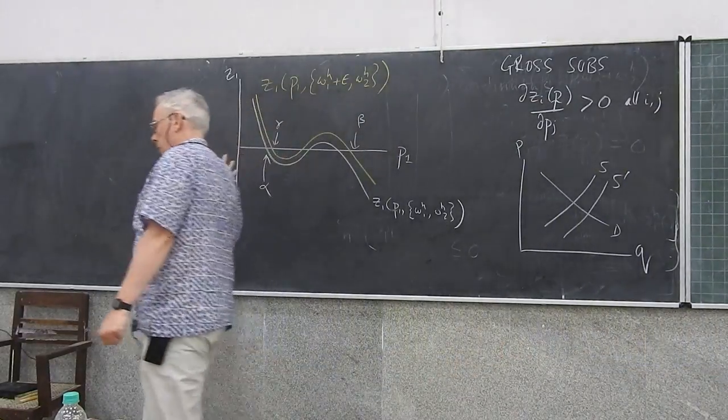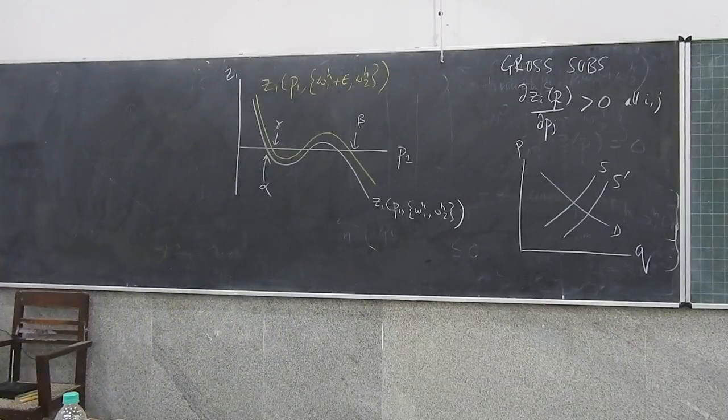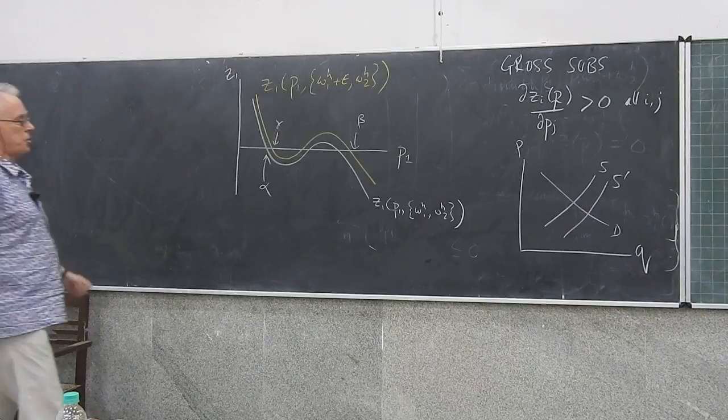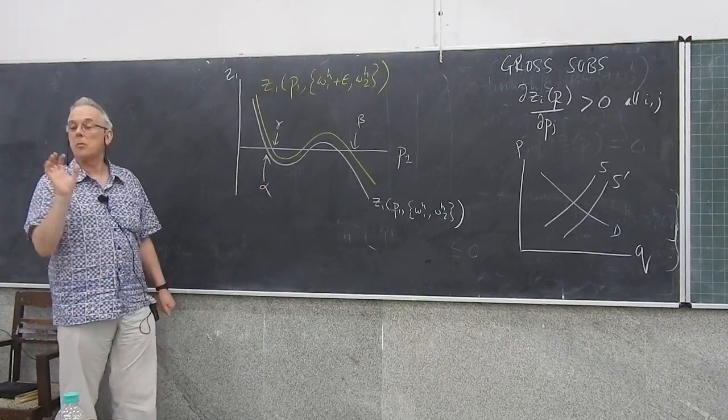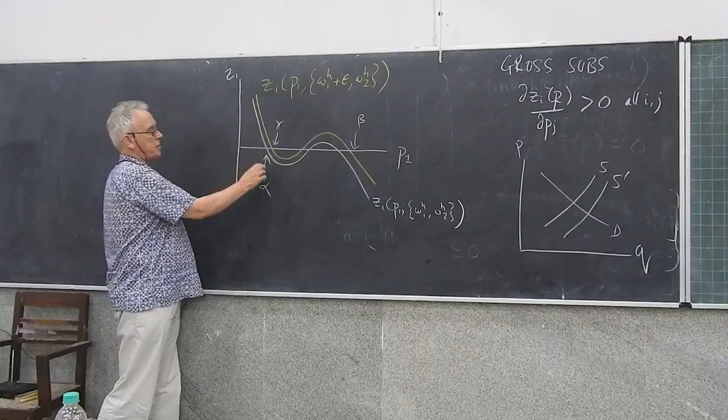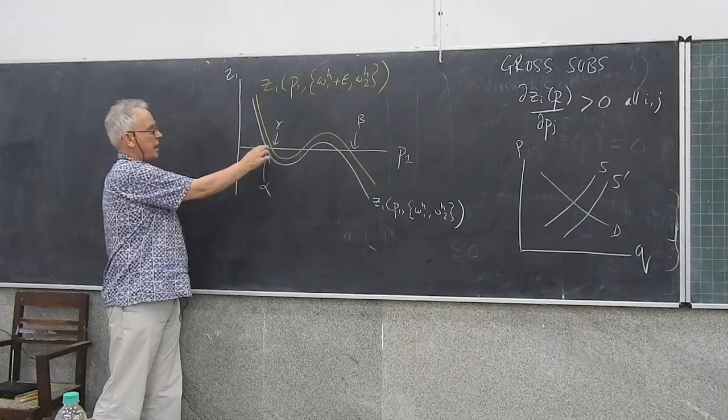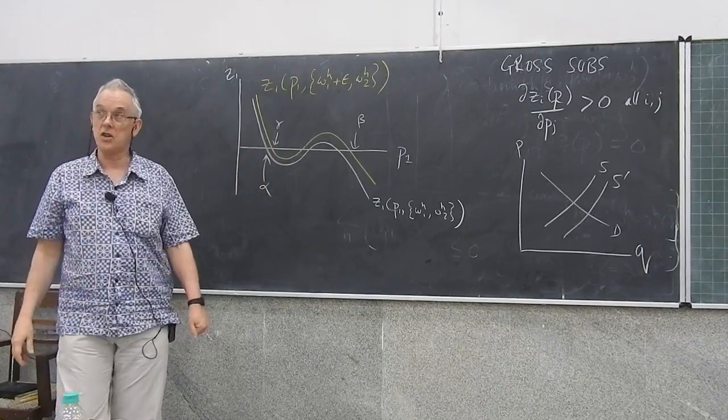But let me put that problem to one side. Suppose that either we have a unique equilibrium so that the issue doesn't arise, or suppose that we start off at alpha, and for some reason we know that the right comparison to make is alpha with gamma, the equilibrium that is close to the initial equilibrium.